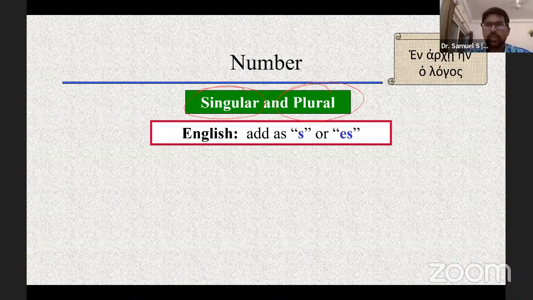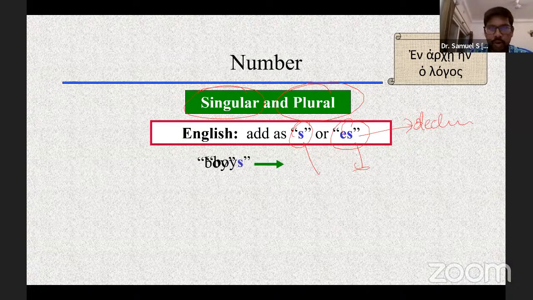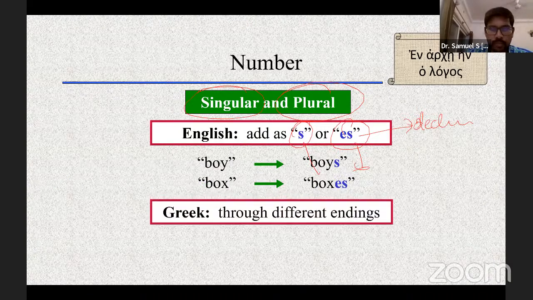Even in English, we have the same thing, right? Whenever you have the added ending, even here you see it's a declension, it's an ending. Whenever you have S or ES, it shows that it's plural. Boy, plural is boys. Box, plural is boxes, right?